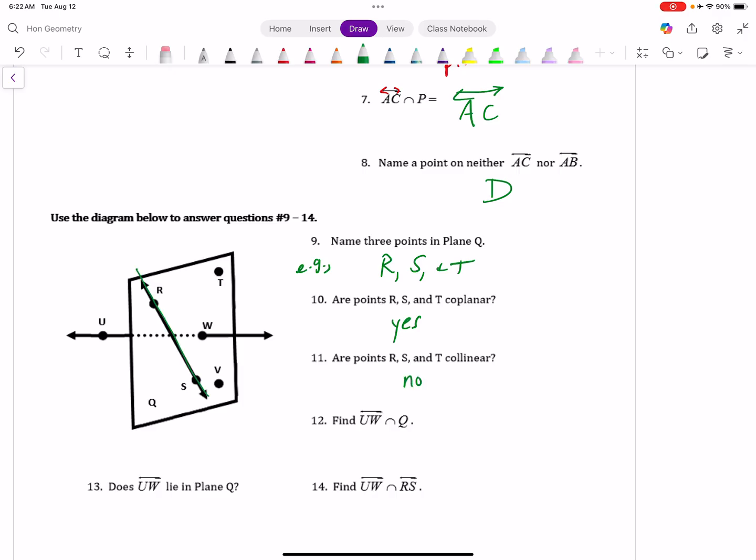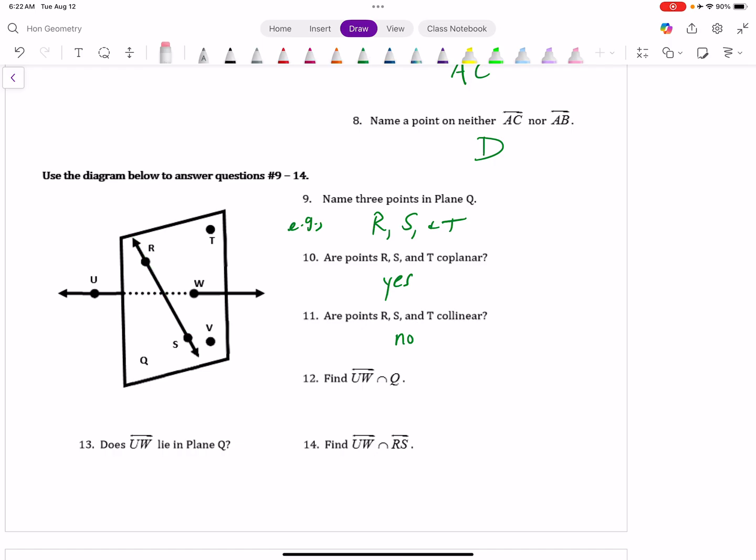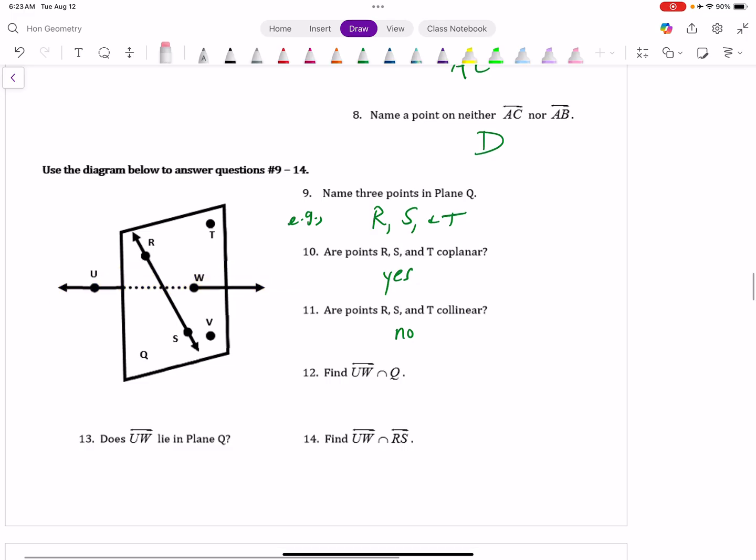So, no. All right, let's do another union and intersection. So, we're going to take line UW. Okay, so we're looking at this line here, intersecting plane Q. So where does it run through?